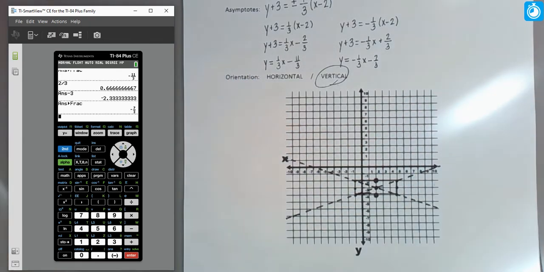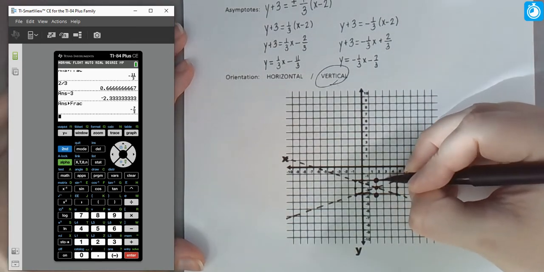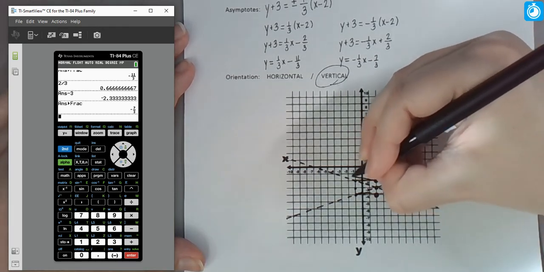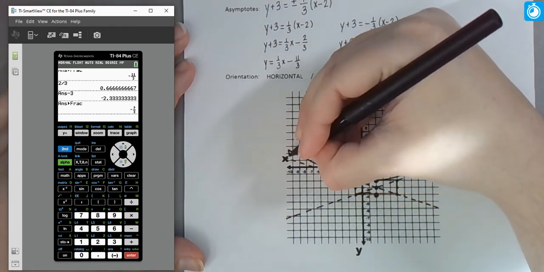And again, notice it actually passes through the y-axis at a fractional location, not along the actual grid. And again, that's because we also have a fractional y-intercept for that particular line. So we follow those asymptotes passing through our vertices.